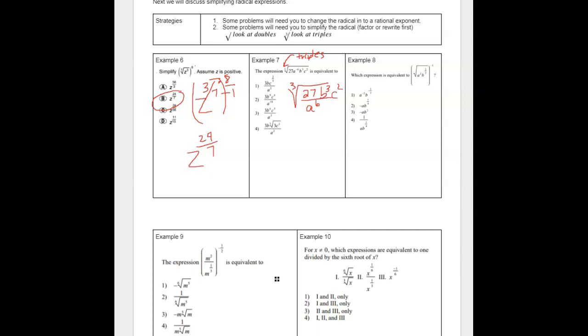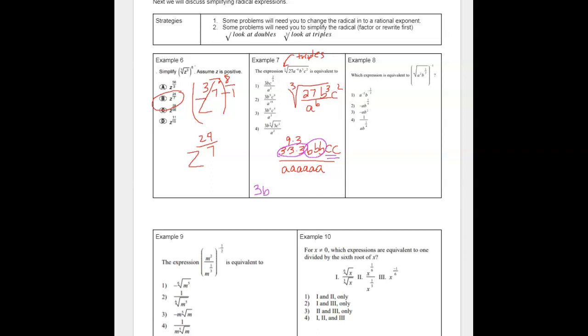So we're going to break this down, and we're going to look for triples. So 27 is 9 times 3, which is 3 times 3 times 3. B3, I'm going to write out 3 of them, C2, and then on bottom we've got 6 A's. So you look for 3's, and then they only come out of the radical once. So we're going to write a 3 on the outside. We've got 3 b's.